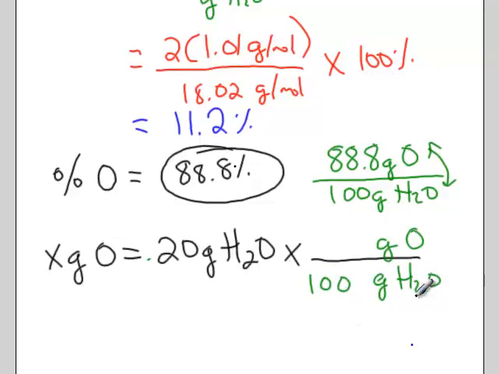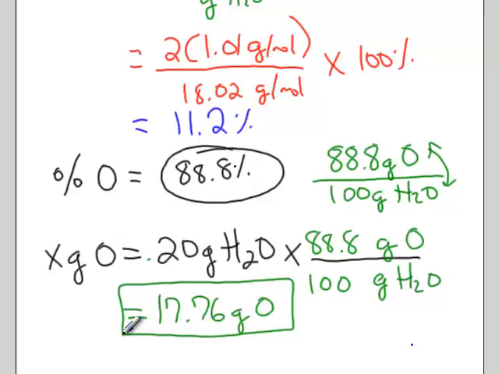For every 100 grams of water, we have 88.8 grams of oxygen. And when you multiply this through, you'll come up with 17.76 grams out of the total 20 grams that are from the element oxygen.